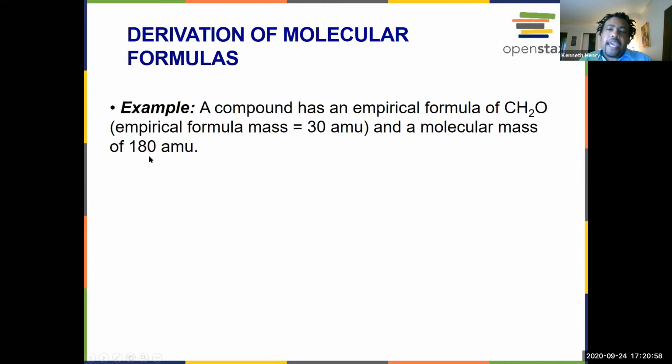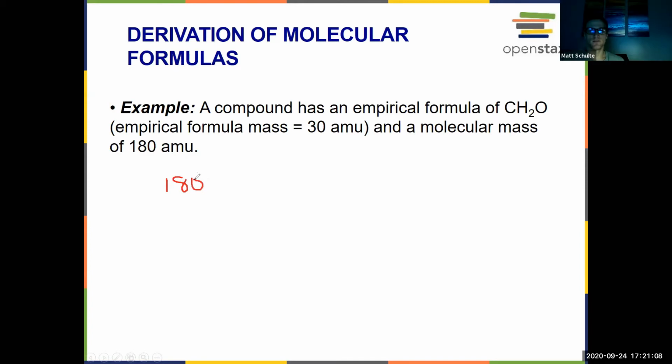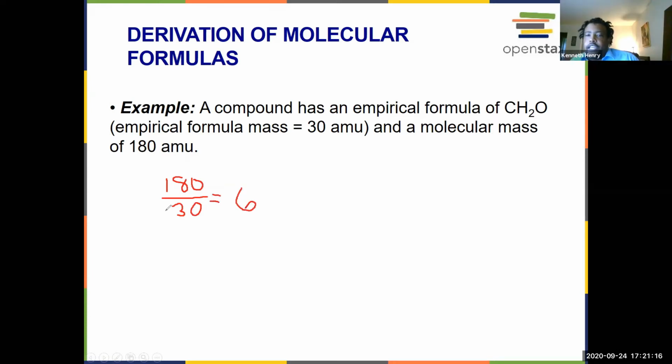So then all I have to do in this case is to do what? Divide your molecular mass by your empirical formula mass. If I remember correctly, that's going to equal 6, right? Yeah.